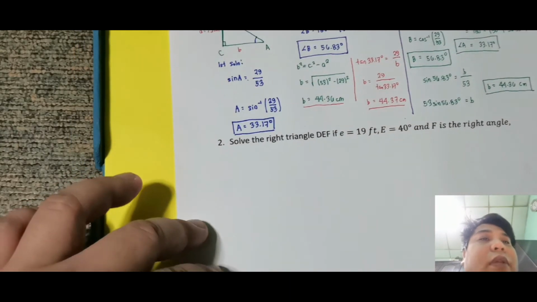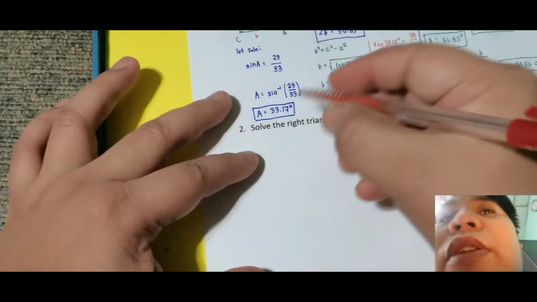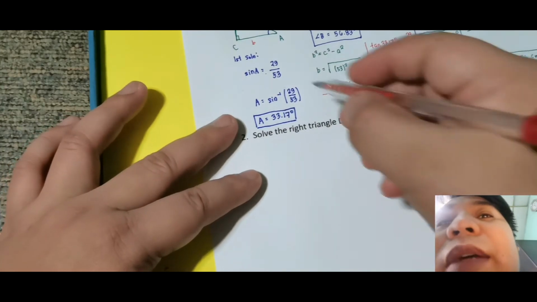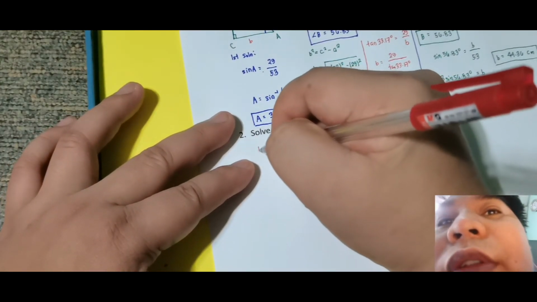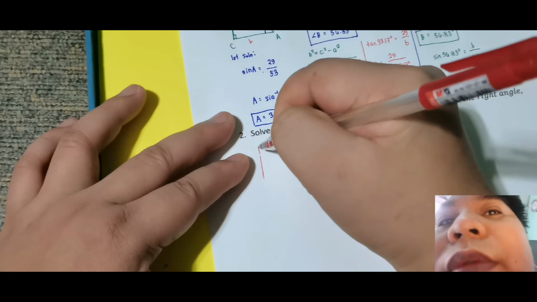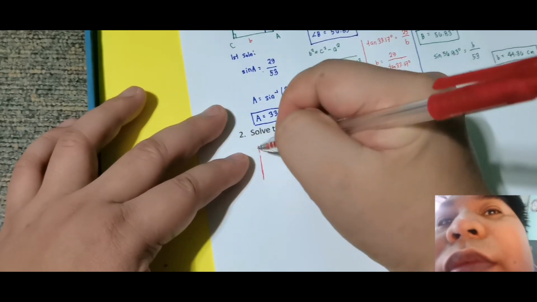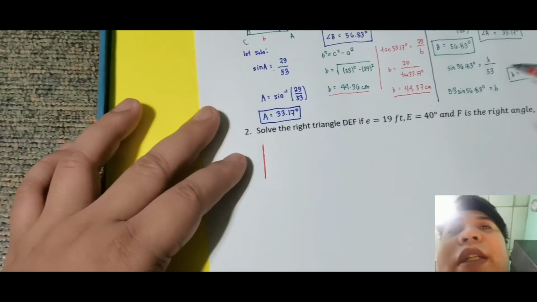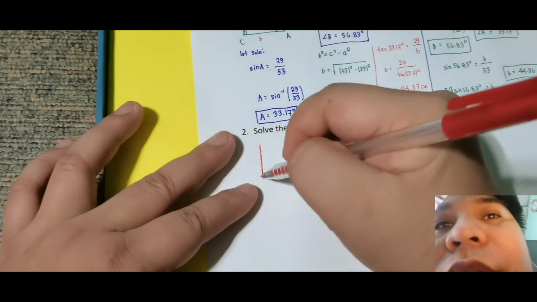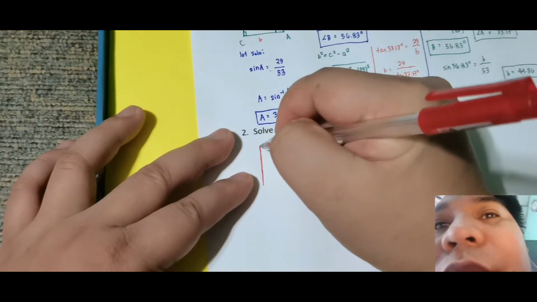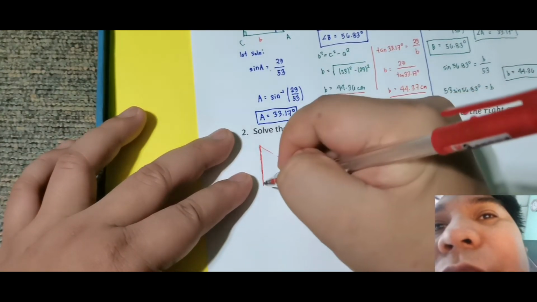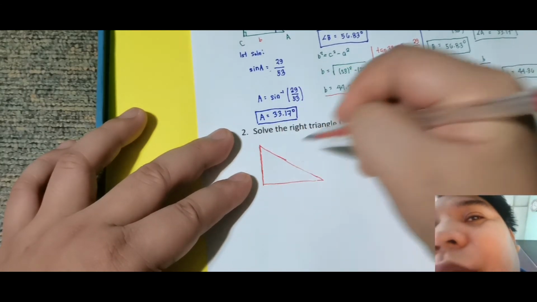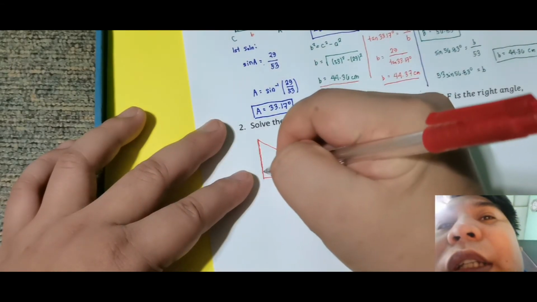Okay, so pag dinrawing, syempre, ano magiging itsura sa drawing. So ako kasi mag-drawing ng triangle, lagi ganyan, right triangle. So kumbaga lagi nakaabang dito. Okay, syempre ito yung right angle natin.